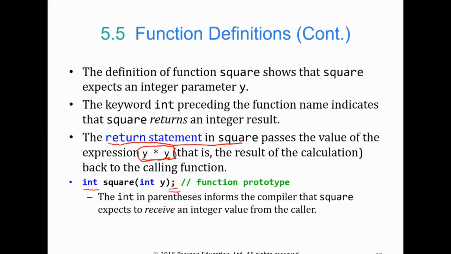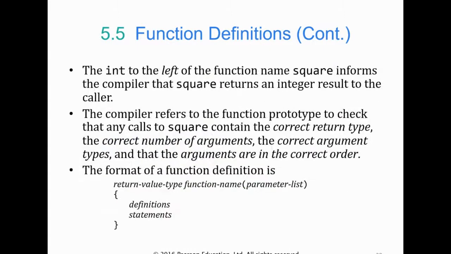Again, remember, the function prototype generally needs to be on top, before the main function. It needs to tell the program what the name of the function is. It also needs to tell it what the input parameters or arguments are and what the return or output parameters are.